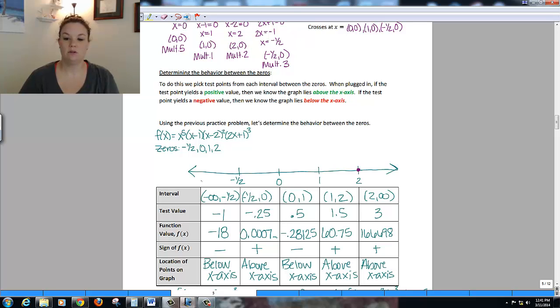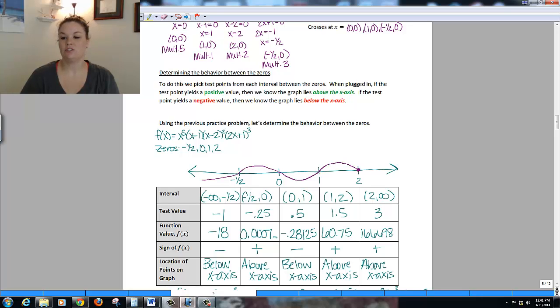I'm going to start out below my x-axis, and then at negative 1/2, remember it crosses, so I'm going to come up and have positive values. And then at 0, it crosses, so I'm going to cross and come down here and have negative values because it's below the x-axis. And then notice at 1, it crosses again, and I have positive because it's above the x-axis.